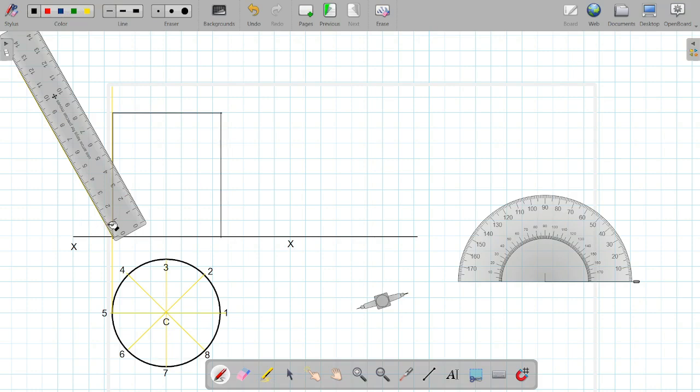So the first point will be this, then second, then third, then fourth, fifth, sixth part, seven, and finally eight.